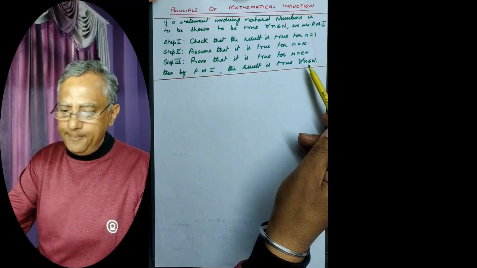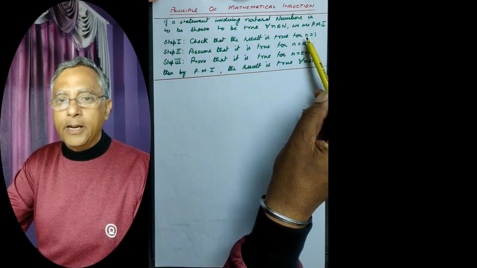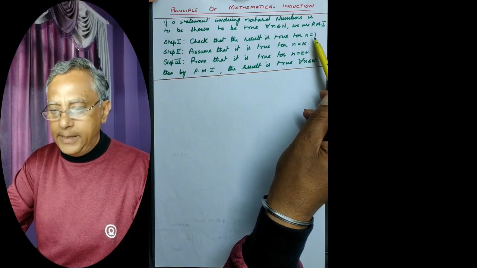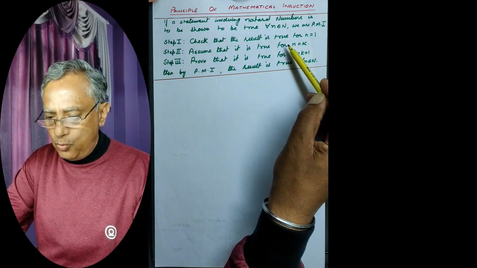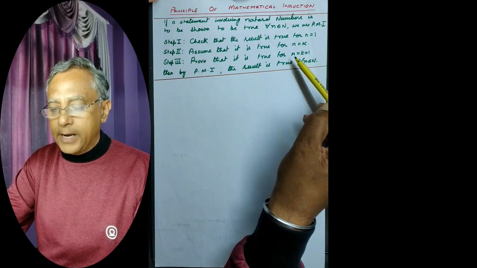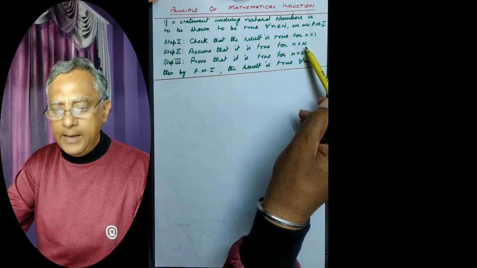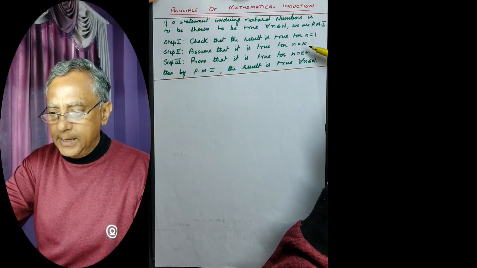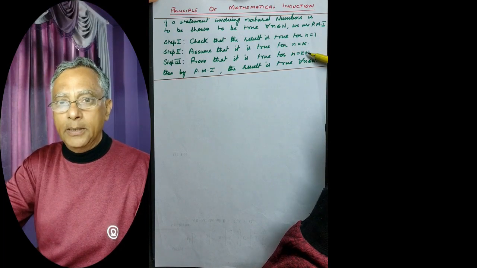The logic is, suppose we check that the result is true for n equal to 1. Now result is true for n equal to 1. Take k equal to 1. Now since we have proved that if the result is true for n equal to k, it is also true for n equal to k plus 1, that is, we assume that the result is true for n equal to k and prove that it is true for n equal to k plus 1, that is, it is true for the next natural number.